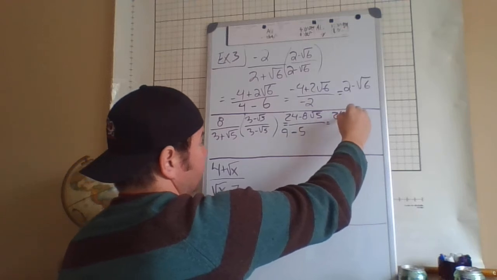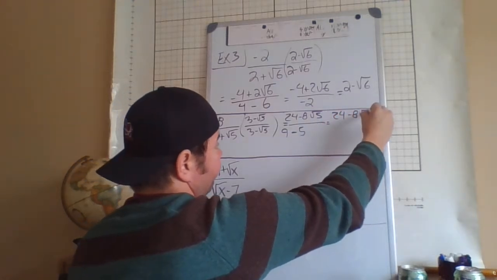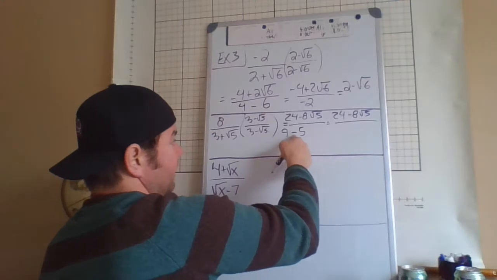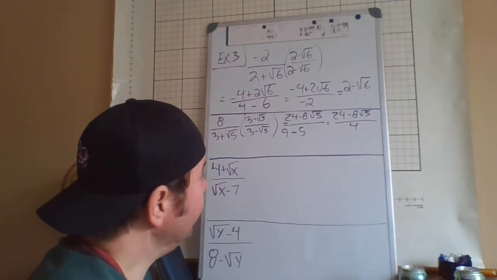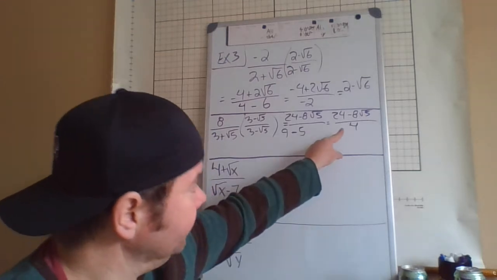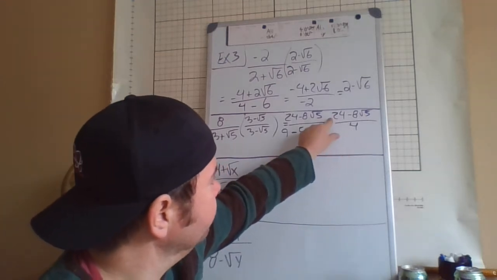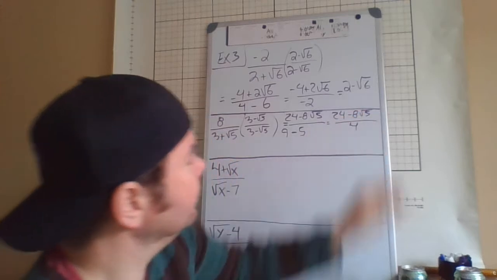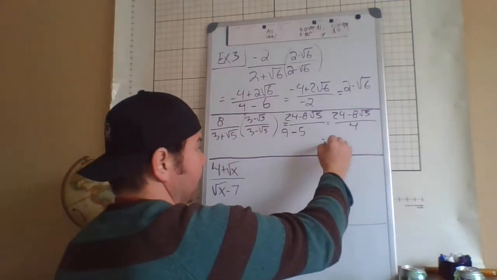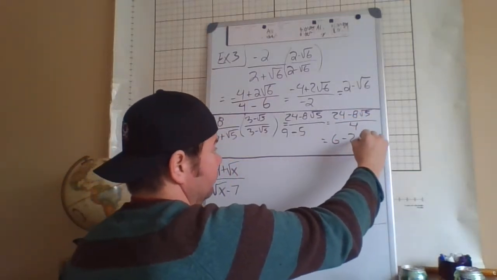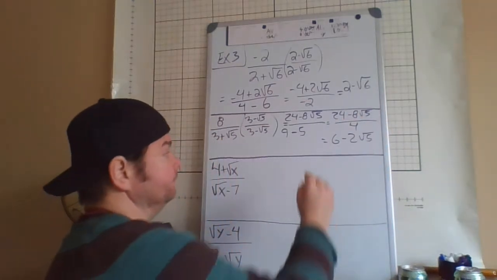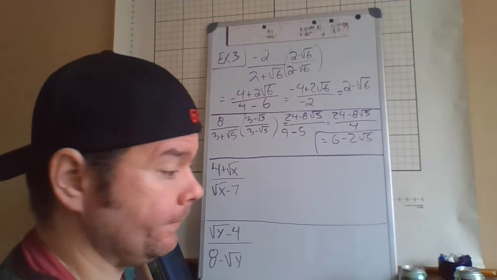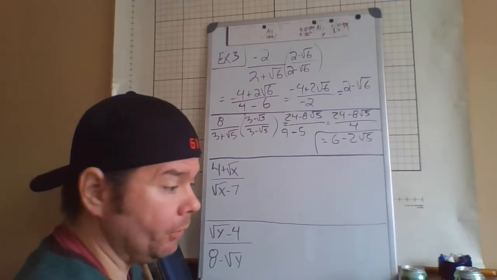Up top, I still just have this, but 9 minus 5 is 4. And then one final step to completely simplify it. 4 goes into 24, 4 goes into negative 8. So I've got 6 minus 2 times the square root of 5. Okay, there's that. All right, moving right along.